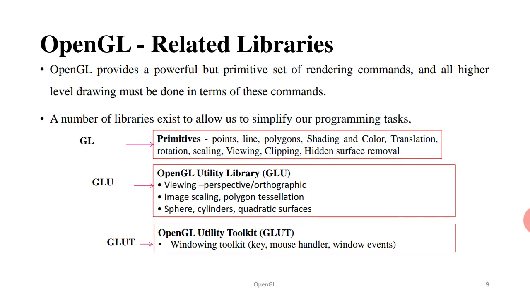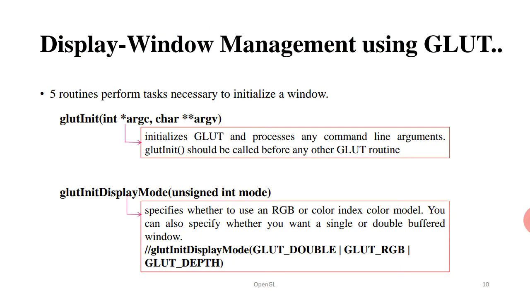The GLUT library provides a windowing toolkit for key, mouse handler, window events. This GLUT is nothing but the OpenGL utility toolkit. For display window management using the GLUT library, 5 routines are available to perform the tasks necessary to initialize a window.